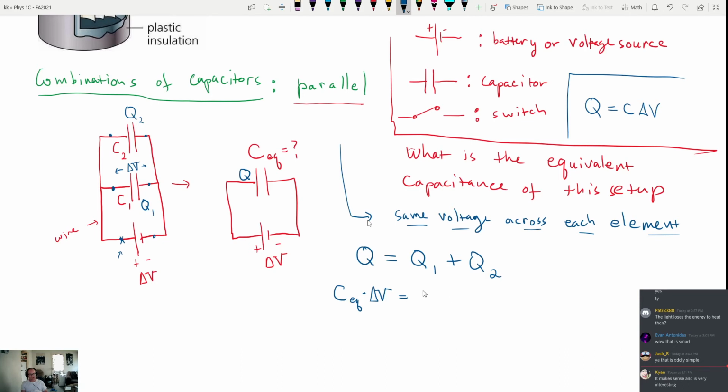Instead of Q1, I can write C1 times delta V. And instead of Q2, I can write C2 times delta V. Then I can see that all of the delta V's will cancel, and we come up with this nice, simple result: the equivalent capacitance, when you have parallel plate capacitors, is found simply by adding the individual capacitances. So for example, if C2 had been equal to, let's say, 5 microfarads, and C1 had been equal to 2 microfarads, then CEQ would be what?